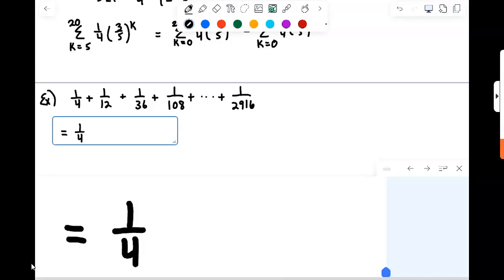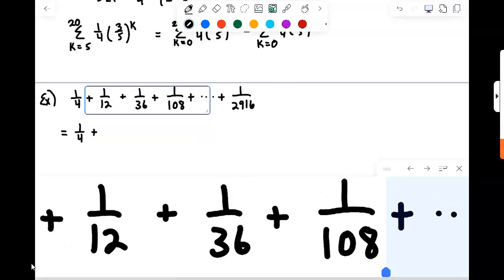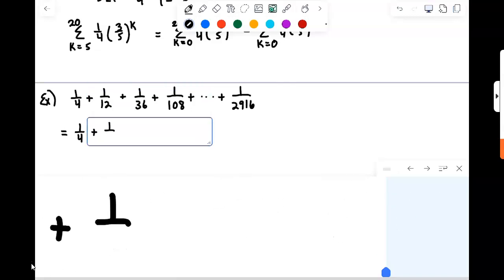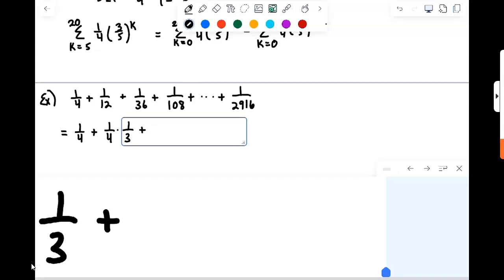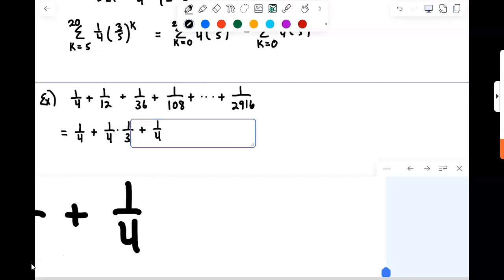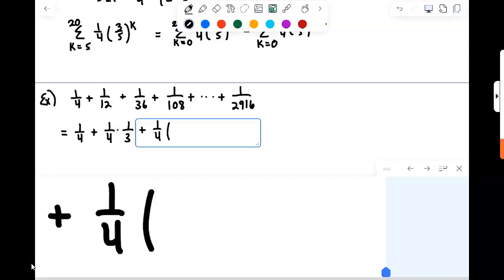So the first term would be just 1/4 times the ratio to the 0 power. And then I'm going to take the 1/4 and factor it out of the 1/12. So that would be 1/4 times 1/3. And then for 1/36, that would be 1/4 times 1/9, but 9 is just 3 squared. So that would be 1/3 squared.